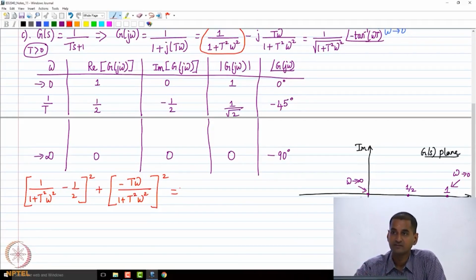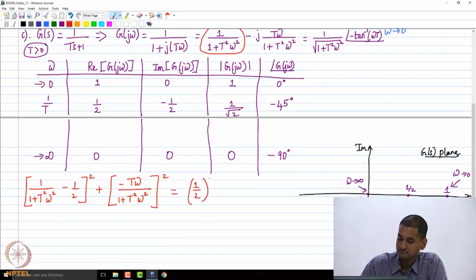See, I have given you this because I a priori know what the answer is, so I am just asking you to do it and tell me. It is 1 by 4, right. I have rewritten it as 1 by 2 whole square.